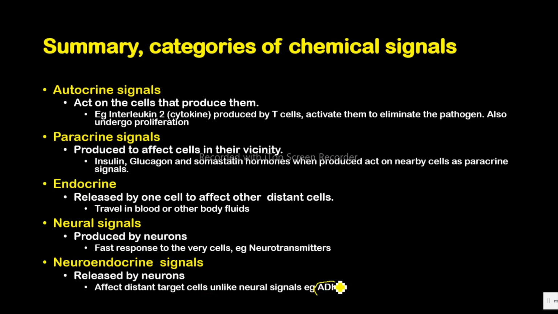This is a neurohormone that is secreted by the neurosecretory cells in the hypothalamus, and then it is released into the posterior lobe of the pituitary gland, and finally released into blood. It goes to the kidney nephron, where it increases the permeability to water, and finally water is absorbed.